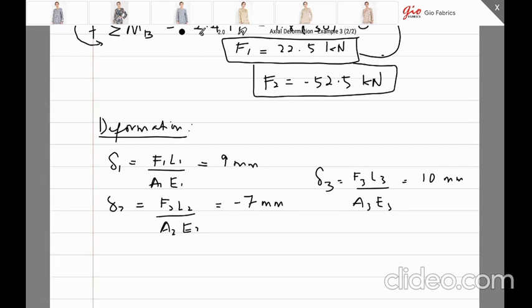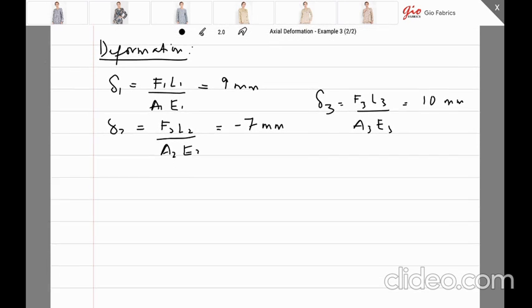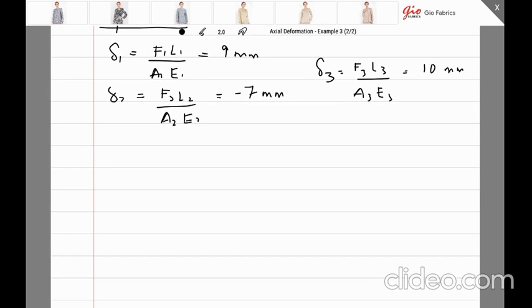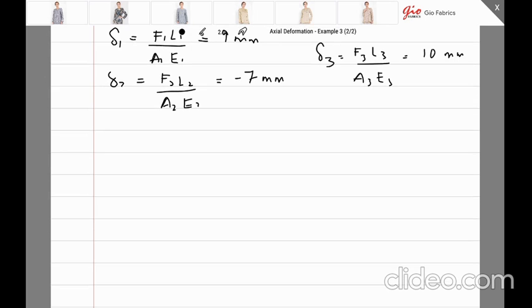Let's sketch what happened to the rigid bar when all the posts and rods deform.